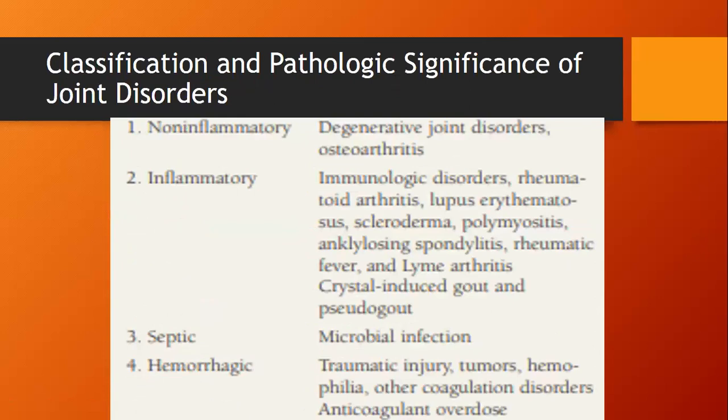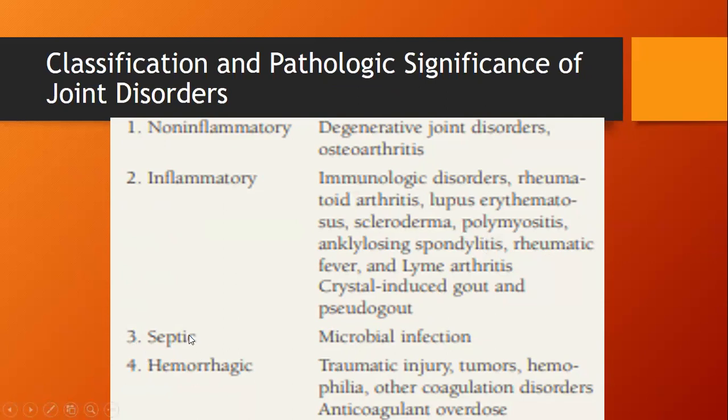Shown here is a classification and pathologic significance of the different joint disorders. They may be classified as non-inflammatory, inflammatory, septic, or hemorrhagic. Under non-inflammatory are your degenerative joint disorders such as osteoarthritis. Under inflammatory, we have rheumatoid arthritis, lupus erythematosus or SLE, scleroderma, polymyositis, among others.